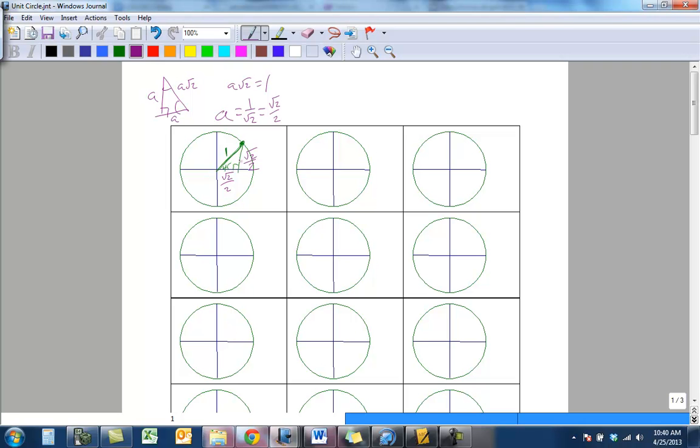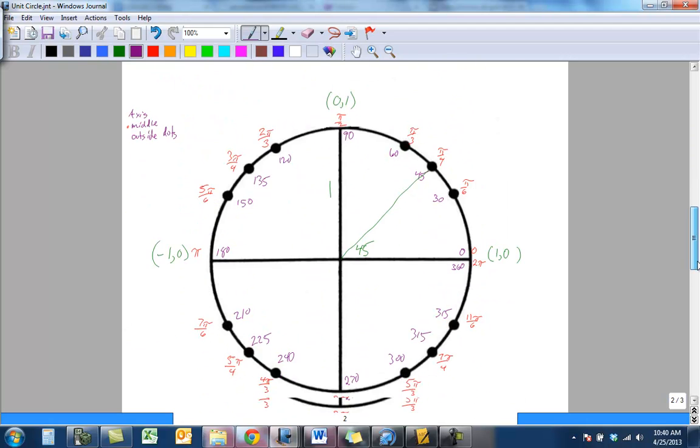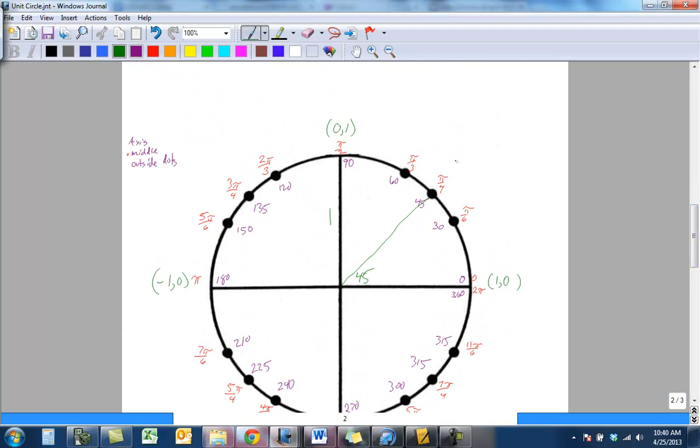Which means that the coordinate of this goes root 2 over 2 right, and it goes up root 2 over 2. So that means that the coordinate back here of 45 degrees, like we said, is root 2 over 2 this way, root 2 over 2 up. This is root 2 over 2, root 2 divided by 2.